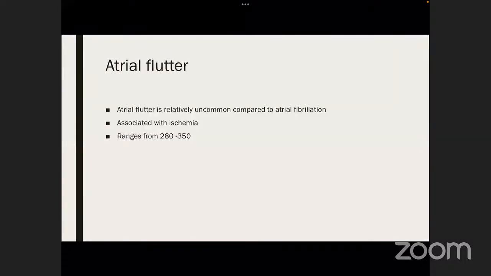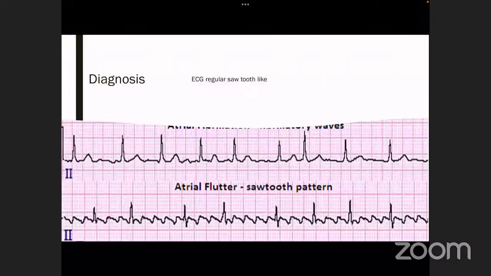Atrial flutter is relatively uncommon compared to atrial fibrillation. It is more associated with ischemia, and the atrial rate ranges from 280 to 350 per minute. For the diagnosis, as you can see on the ECG here, it shows the sawtooth pattern.